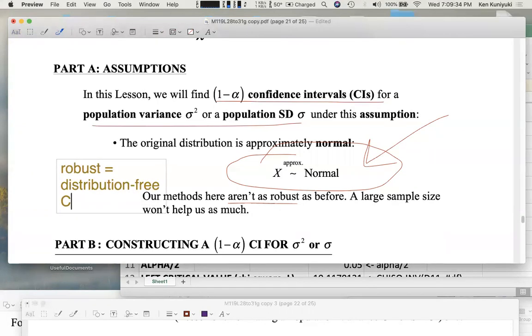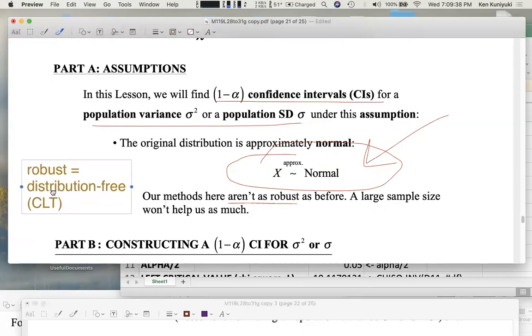So the CLT was kind of robust in the sense that we were able to apply it to potentially a variety of distributions as the big daddy distribution. But the procedures we're going to do here are not as robust because we really need a big daddy distribution that's about normal, and a large sample size won't help us as much. We need normality.